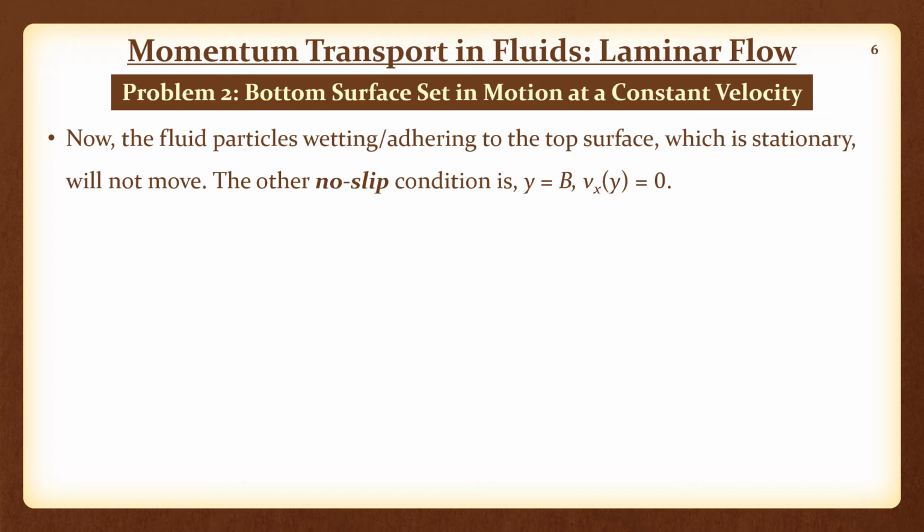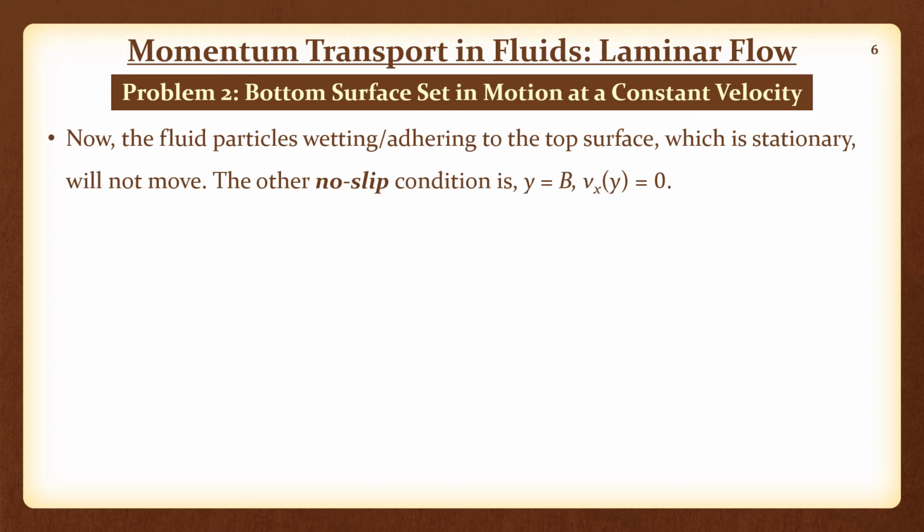Again, because the adhesive forces experienced by those particles with the solid surface are likely greater than the cohesive forces exhibited between the one fluid particle at that top layer and the adjacent next layer of fluid particles. And therefore there is a no slip condition there at the top surface. At y equal to b, the velocity Vx of the fluid is equal to 0.